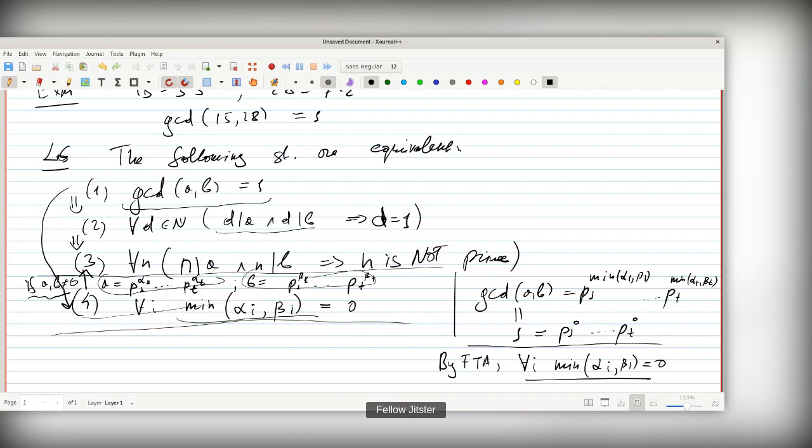And now the only remaining thing to prove is to obtain 1 from, say, 3. Okay, if we have no common prime which would divide these numbers, then the greatest common divisor is not divisible by any prime. So the only number which is not divisible by a prime, being natural, is just 1.